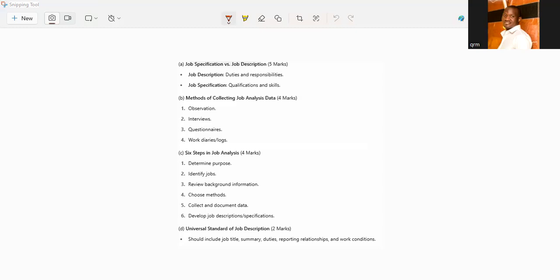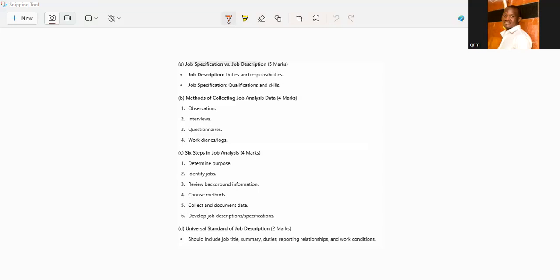Questionnaires are structured forms that can be distributed to gather detailed information about the task and responsibility, the frequency of specific duties. So this method is very efficient for data collection from large groups. It allows for quantitative analysis.